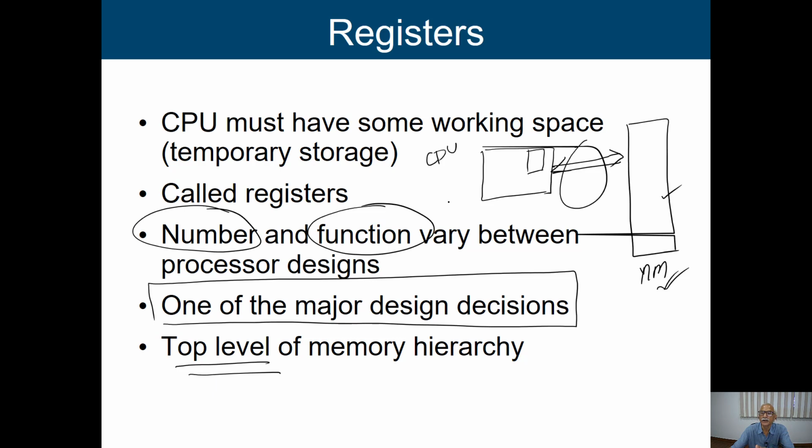All of you know that we use hard disks in our computer to store information. So in the next level the hard disk may come in this memory hierarchy. When we discuss memory, we will come back to this memory hierarchy.